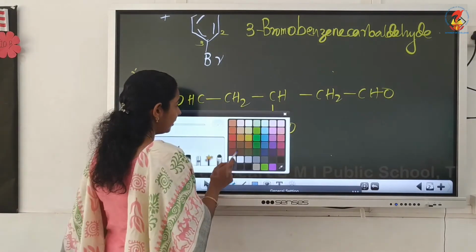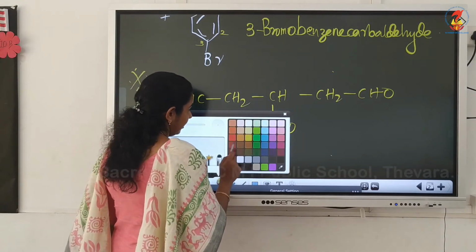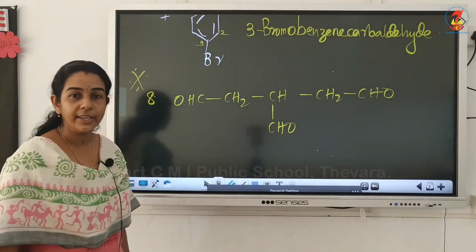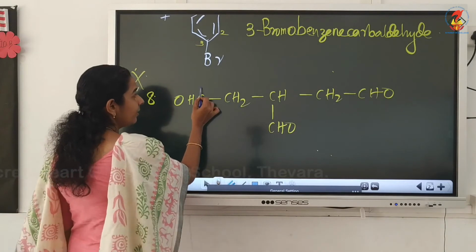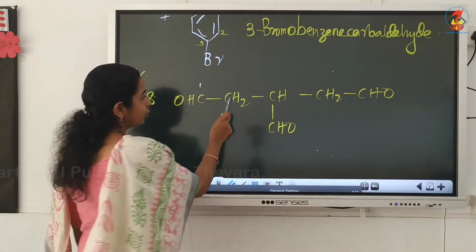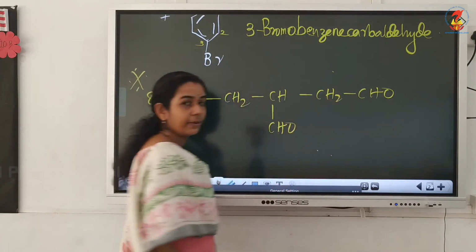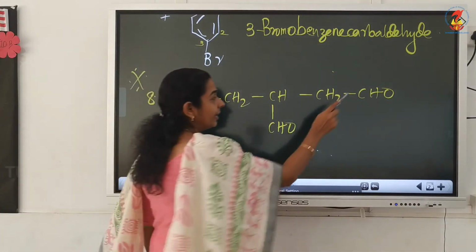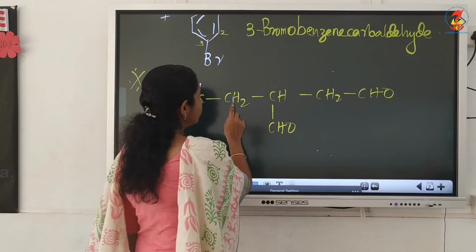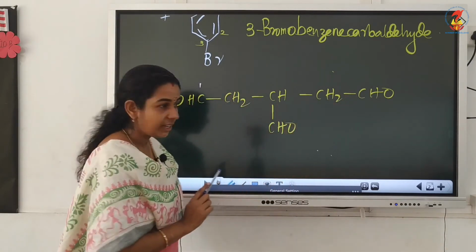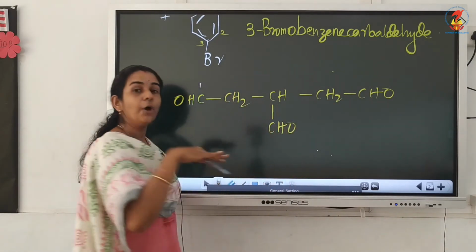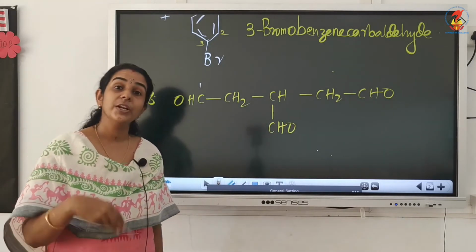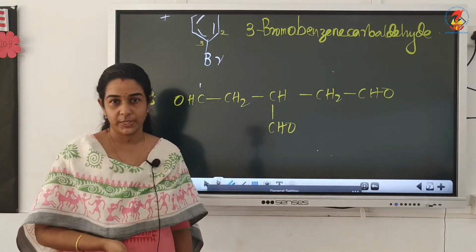But if we apply that rule here, this carbon will be number 1, 2, 3, 4, 5. First aldehyde will get number 1, last aldehyde will get number 5, and this will be out of the parent chain, so that will go as a branch or substituent.